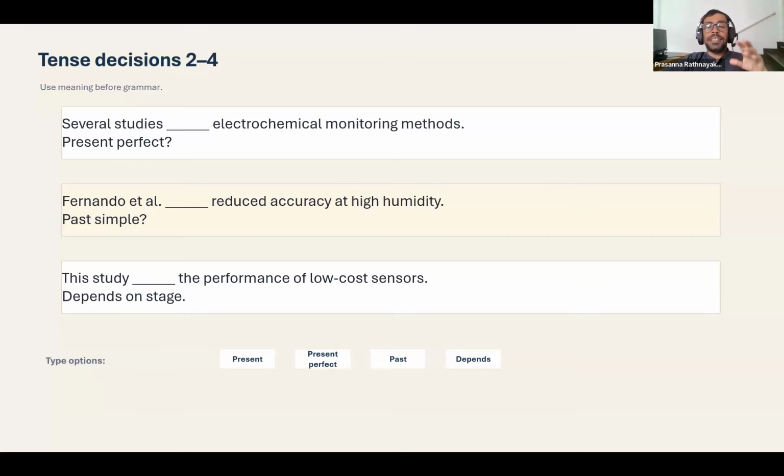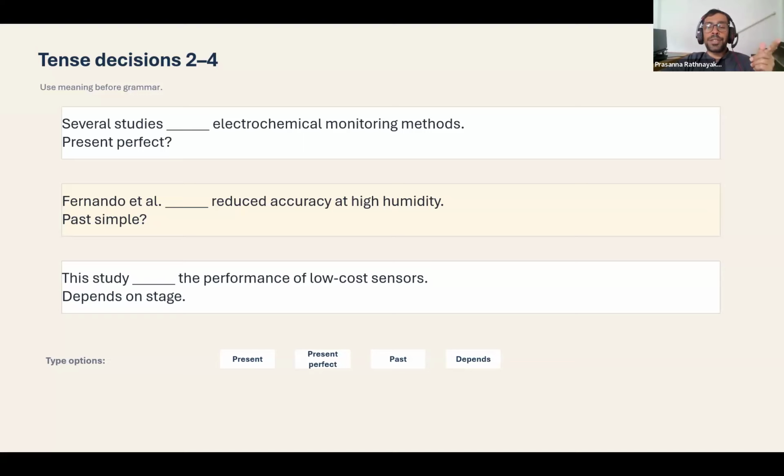You can say this study examines, or you can say this study will examine, or this study examined. You can say any of these three depending on whether you are writing a paper, writing a proposal, or reporting a completed work.